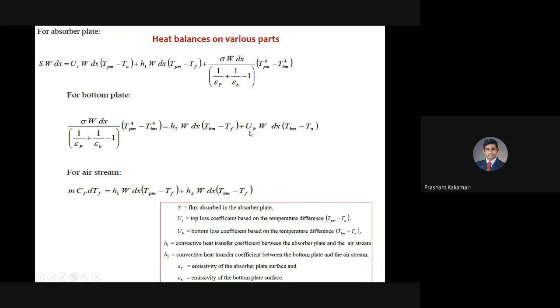So that can be written as the loss coefficient at the bottom, with the area W dx, into Tbm minus Ta. Because on the bottom side, the insulation part is kept at the atmospheric temperature, it is exchanging the heat with that. Similarly, the fluid which is flowing in between the two plates is also losing heat by the convection process, because the fluid, air, is flowing. That I can write as H2. Why H2?